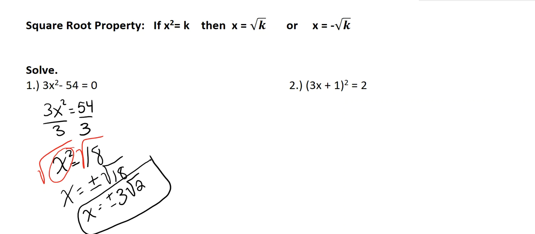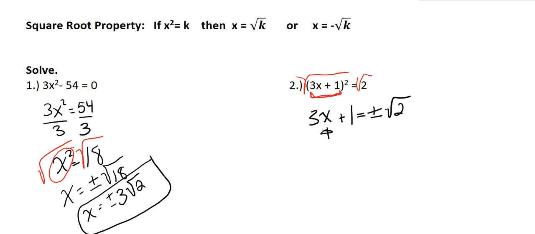If I look at the second example, again, that quantity is squared, but this time it's an entire quantity in a parenthesis. So I'll do the square rooting first. So you end up getting 3x plus 1 equals plus or minus square root of 2.